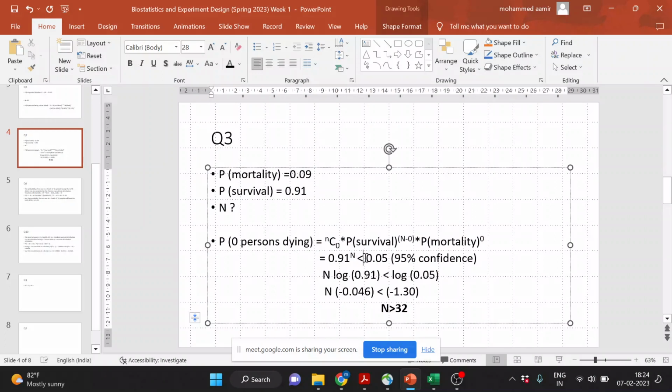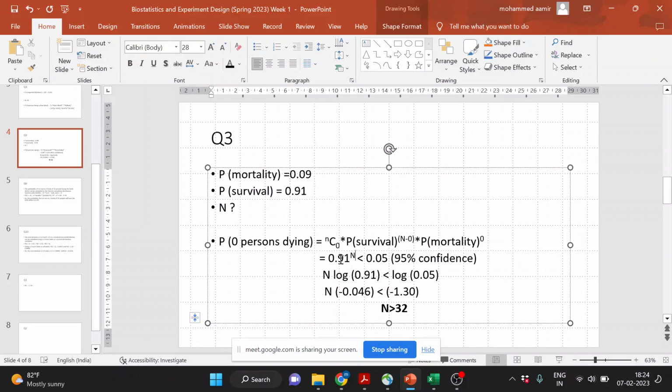When you deploy the drug, not more than 5% of the people should die. So basically this drug should work on 95% or more of the people. Now, how do you calculate this expression? You convert left and right to the log. You know basic log properties, right?